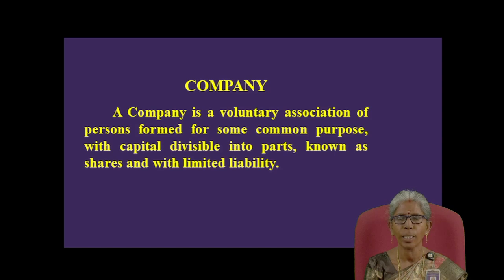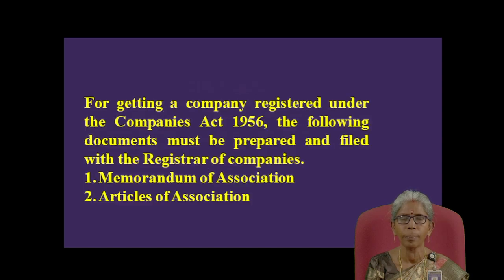From this, we can understand a company is a voluntary association and it is formed for some common purpose. The capital of the company is known as the share capital and the liability of the company is limited.